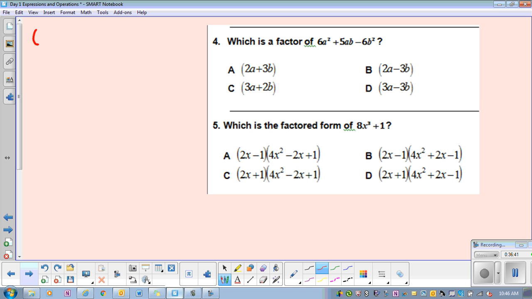So 6a squared plus 5ab minus 6b squared. This is a really complicated looking AM situation, right? But it's okay. It still follows the same process. Since it has an A and a B, I know that I definitely need to do the bring down the first, bring down the last way.